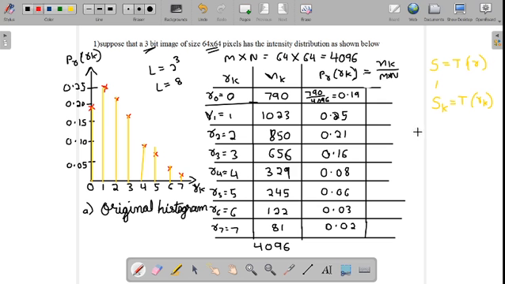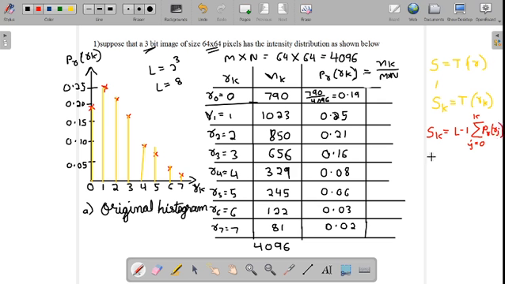Okay, now the formula for sk. sk equals L minus 1 times the summation from j equals 0 to k of p r of r j.